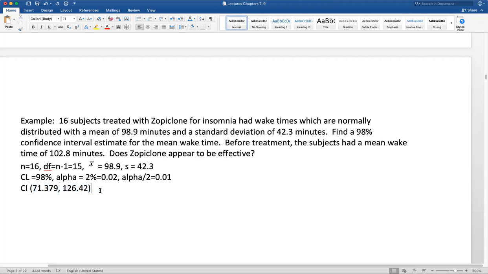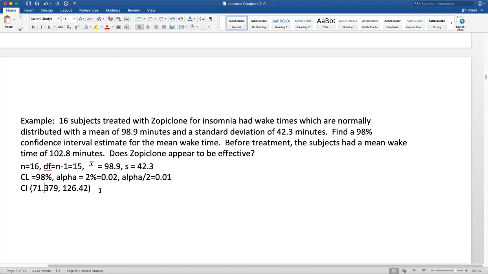So for example, you select 100 samples and calculate the confidence interval for each. Then 98 of the confidence intervals contain the actual, true population mean, and the other two confidence intervals do not contain the population mean. That's the meaning of this confidence interval.